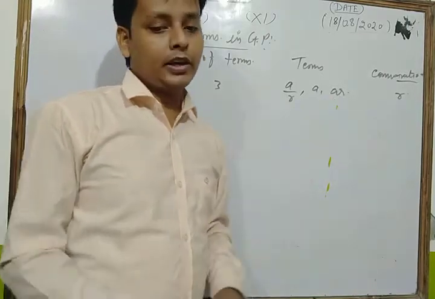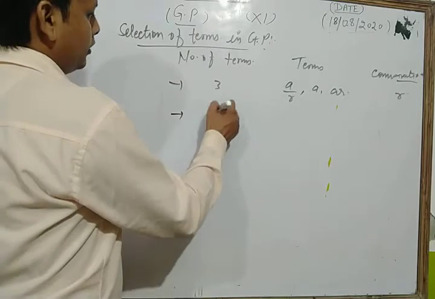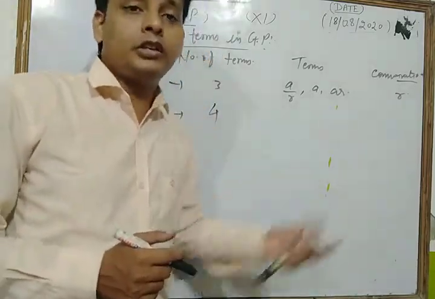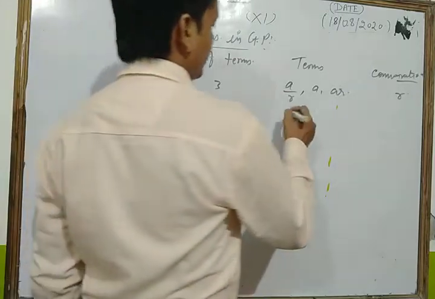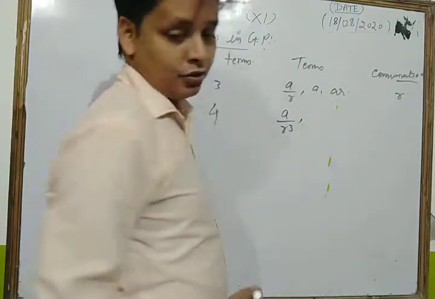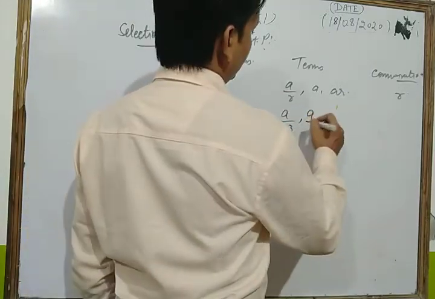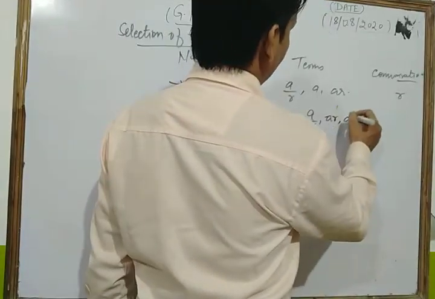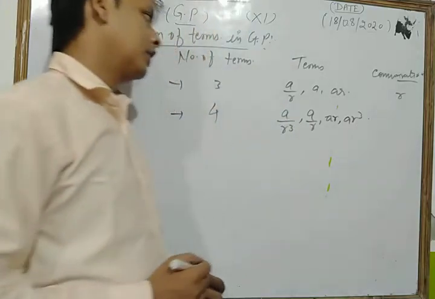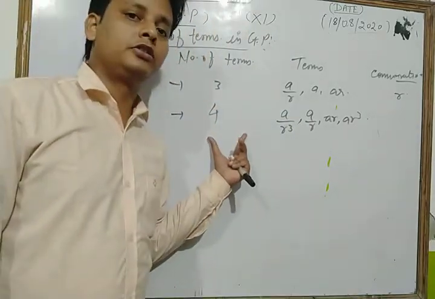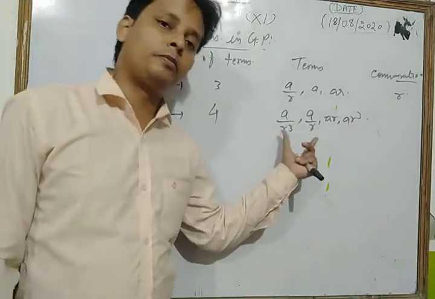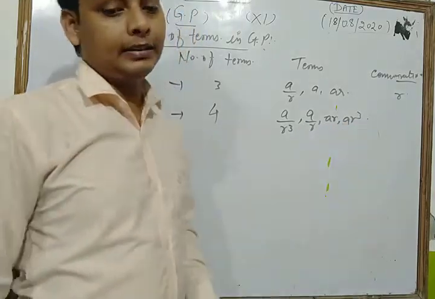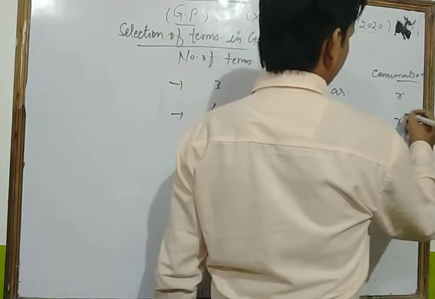Now if you take four terms which are in GP, then you take them as a upon r cube, a upon r, ar and ar cube, and here the common ratio is r square.